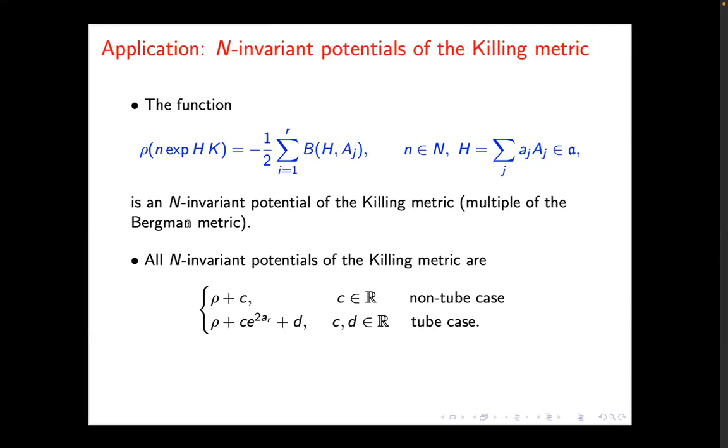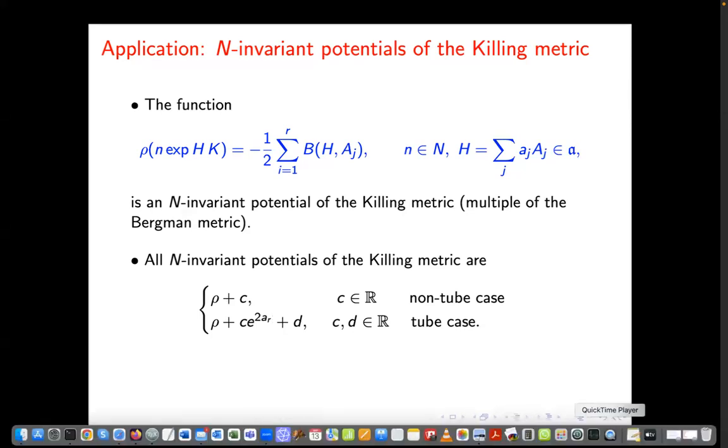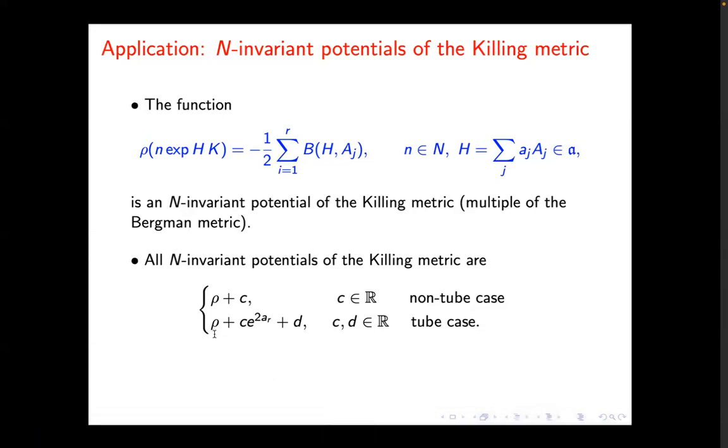And using this characterization that we have about N-invariant plurisubharmonic functions, we can also show that all invariant potentials of the Killing metric or the Bergman metric, up to a constant, are this function in blue plus a real constant in the non-tube case. In the tube case, they are given by rho plus this function C e to the AR plus D, where C and D are real constants.